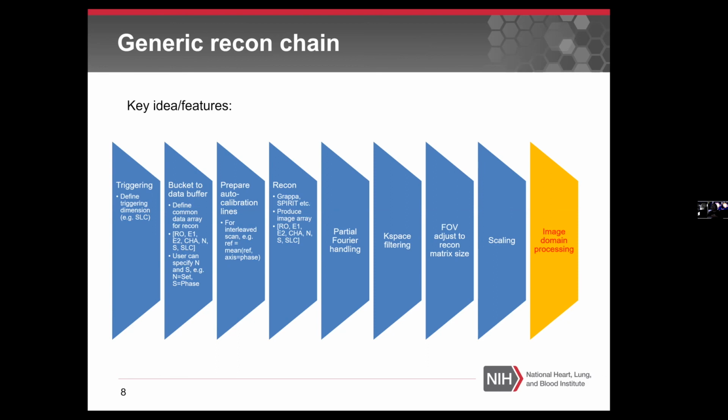So every bucket will be converted into 1 or more of these data buffers. Then every data buffer will be reconned down the chain. It will firstly go through a preparation for the auto calibration lines. So what I mean, for example, if we do an interleaved scan, the imaging data is the reference data.